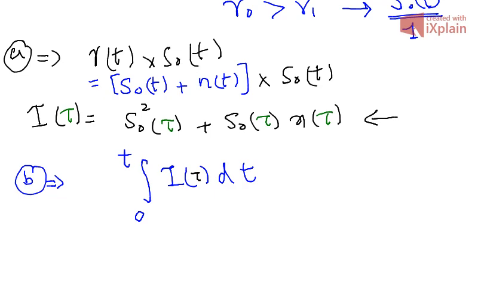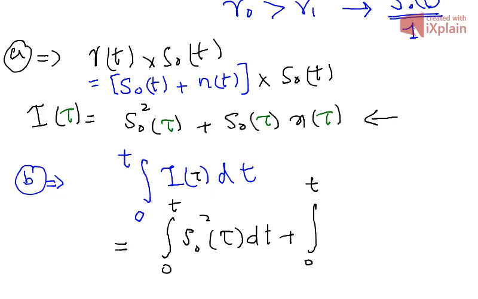So now we are having this integral, and this integral means we are actually integrating from 0 to t S naught square tau d tau plus 0 to t S naught of tau n of tau d tau.